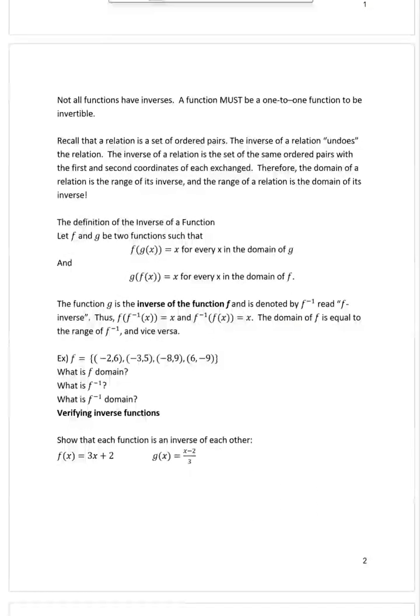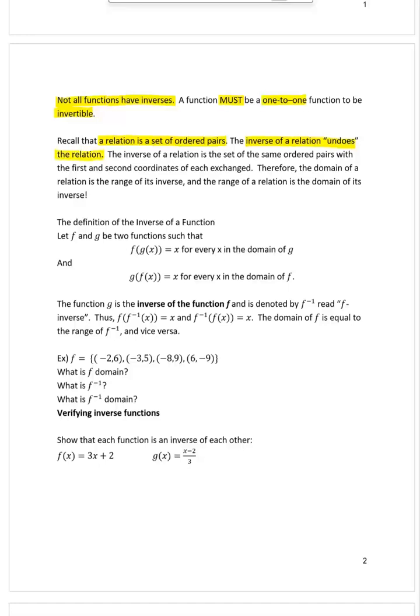Now, not all functions have inverses. A function must be one-to-one to be invertible. So if it's not one-to-one, it will not have an inverse. It's very important. Recall that a relation can be a set of ordered pairs. A relation can be many things, but it is a set of ordered pairs. The inverse of a relation undoes that relation.